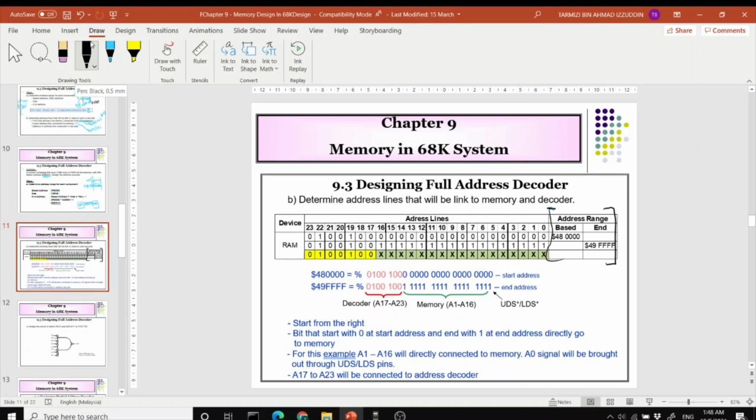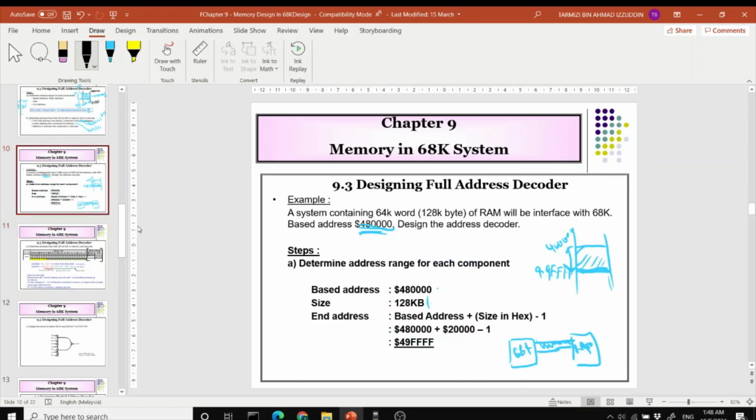The base address range is the starting address given by the question, 480000.